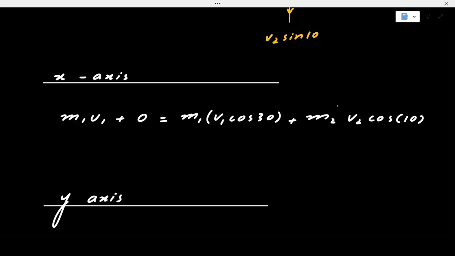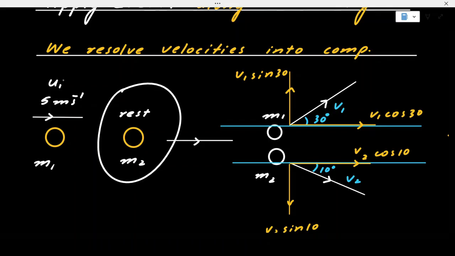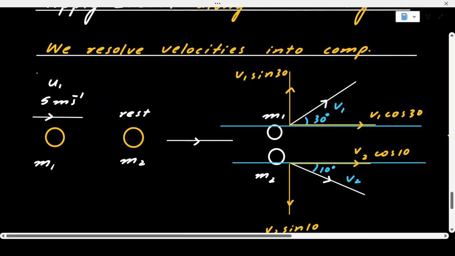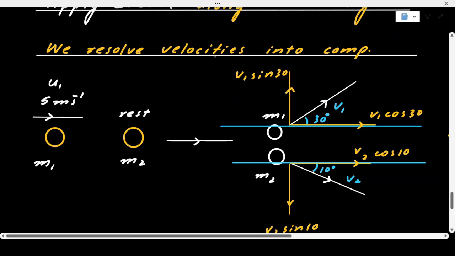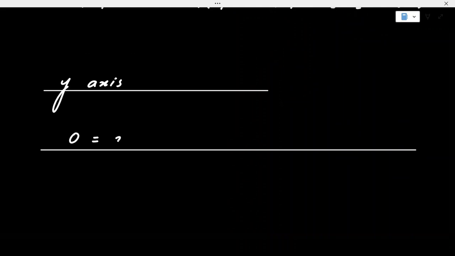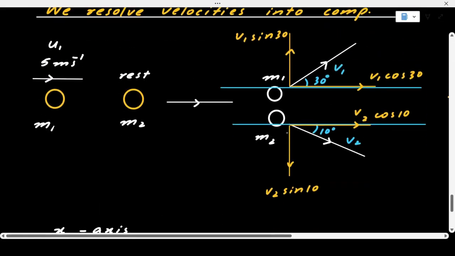When we resolve along y-axis, the momentum of both of them before the collision is 0, because one of them is not even moving, and the second one is also not moving along y-axis at all. It is only moving along x-axis. Now what do we have after the collision? The momentum of m1 after the collision along y-axis is m1 v1 sin 30, plus the second one, m2, which is now downwards.